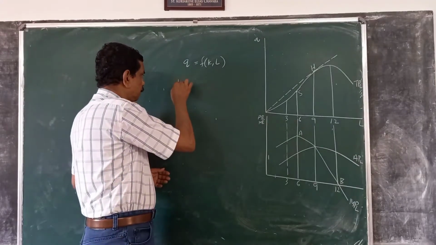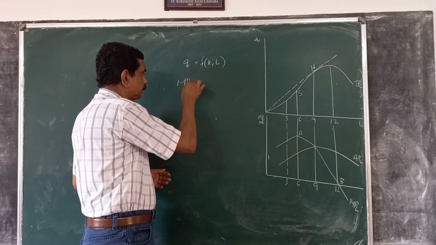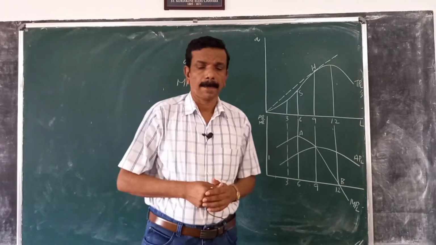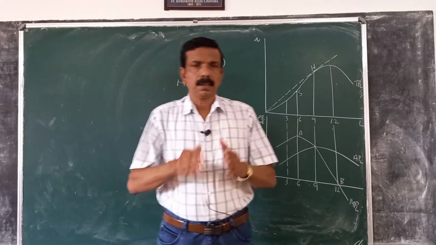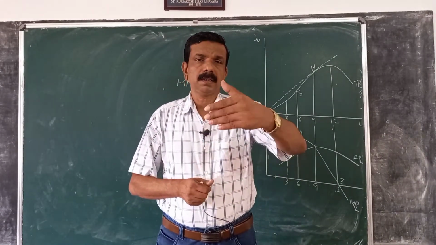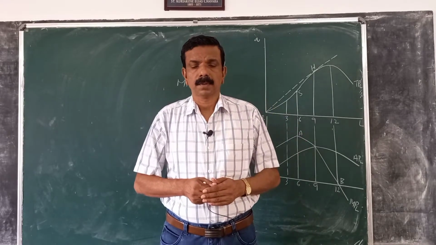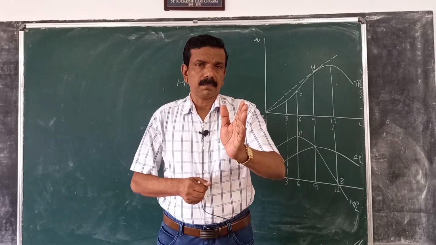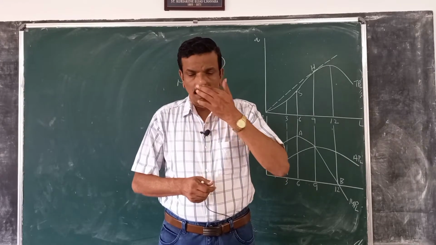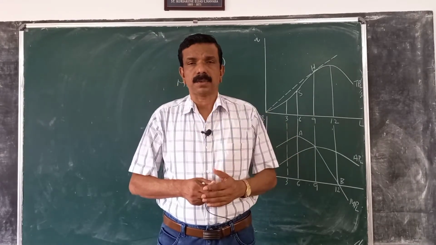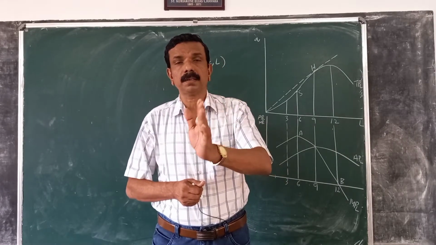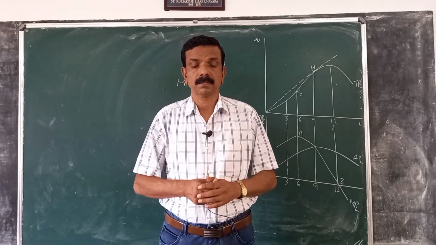Now we define marginal product. Marginal product is defined as the change in output resulting from a 1 unit change in one variable input, holding all other inputs constant.